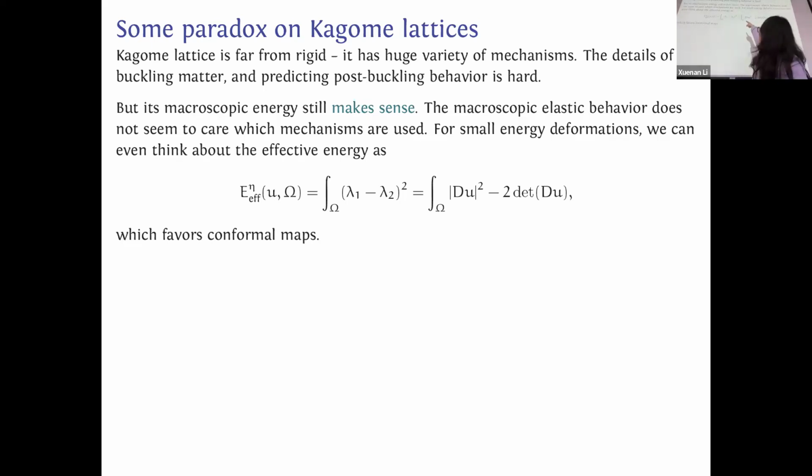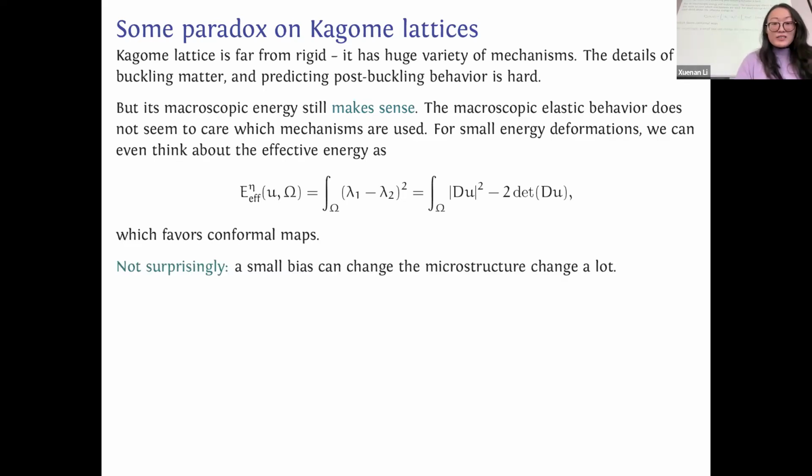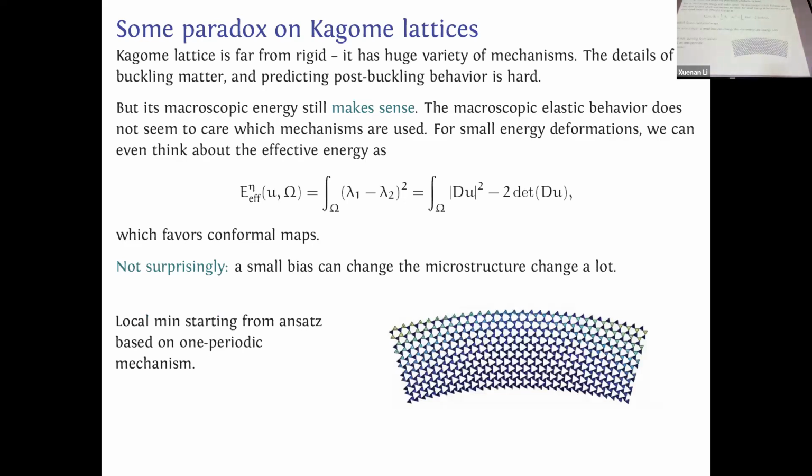Some people prefer to approximate this conformal map energy using gradient squared minus 2 determinant of the gradient. This one vanishes only on conformal maps. What's more interesting is that this is only correct on the macroscopic scale. If you zoom in to the microscopic scale, you have a lot more choices.